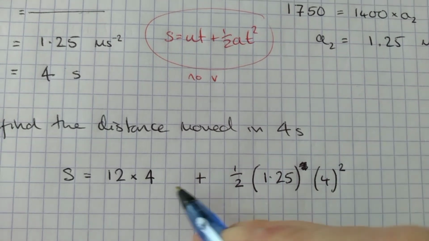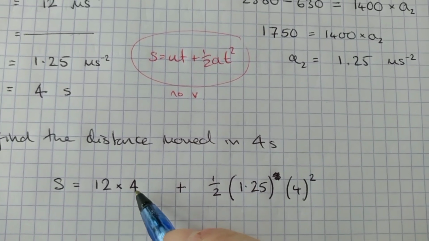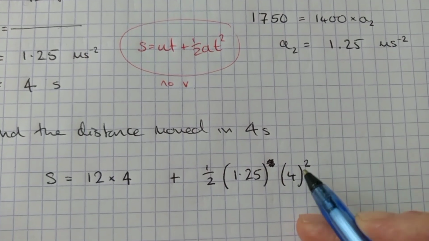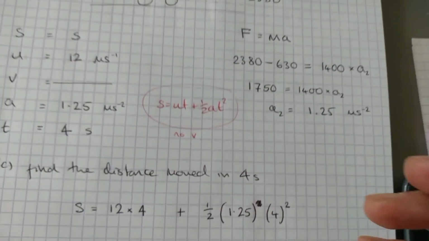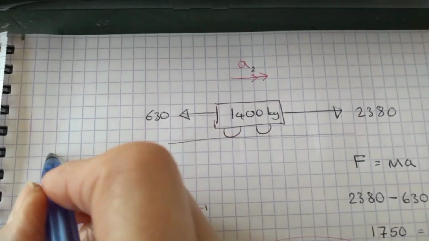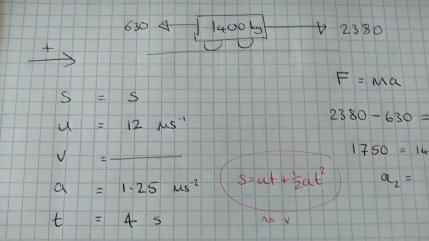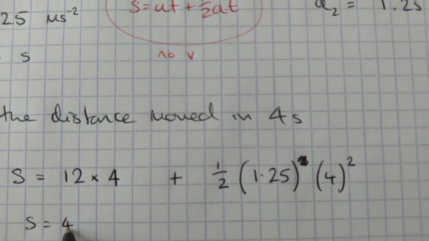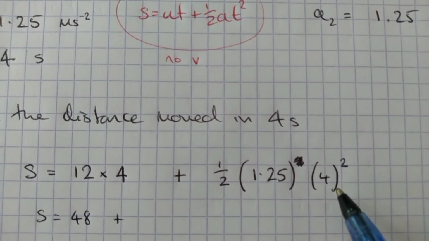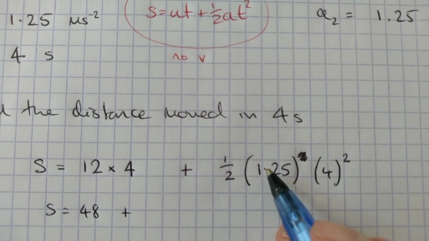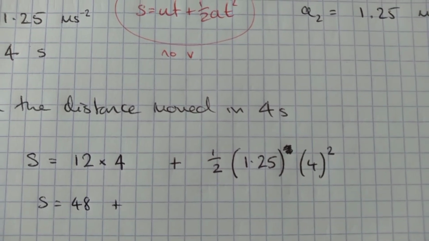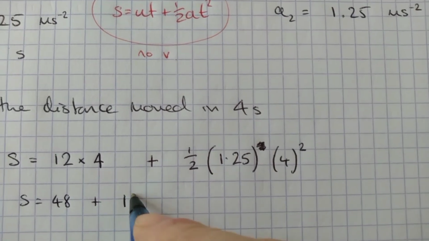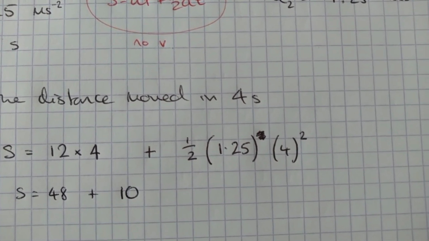I didn't look at direction, but I'm basically taking that as positive direction. Okay, so we just worked that out. 48 plus 16, that ends up as 8 times 1.25, that's just 10. So I have S equals 58 meters. That's how far we're going to move in that first 4 seconds.